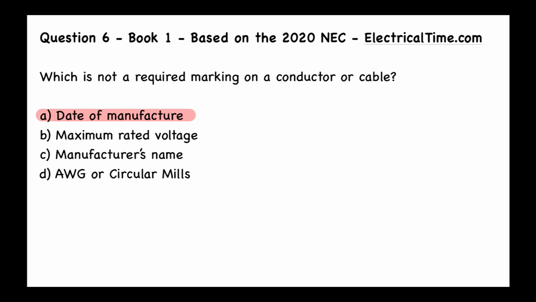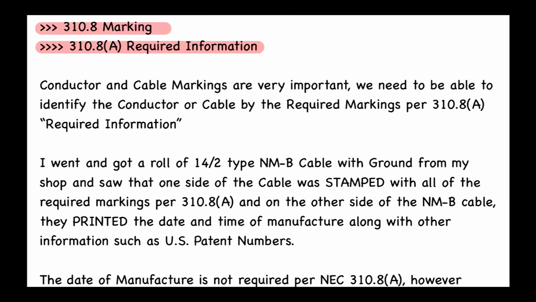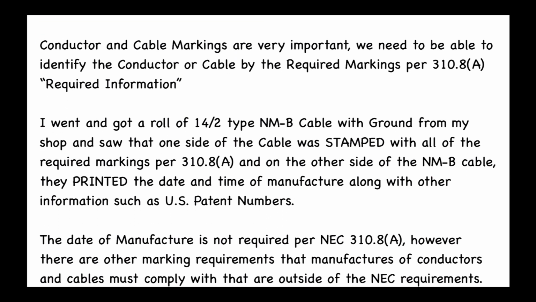All right, so let's continue and let's read the commentary that we have on this one in our book. Conductor and cable markings are very important. We need to be able to identify the conductor or cable by the required markings per 310.8(A), Required Information.